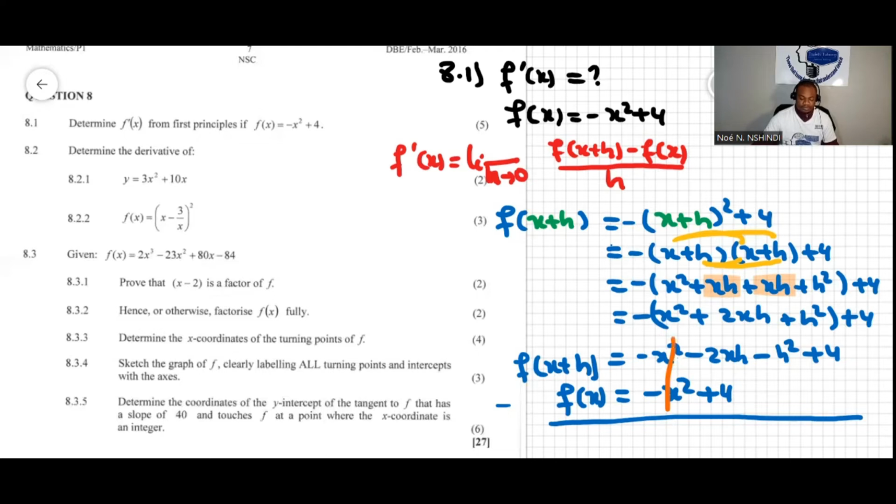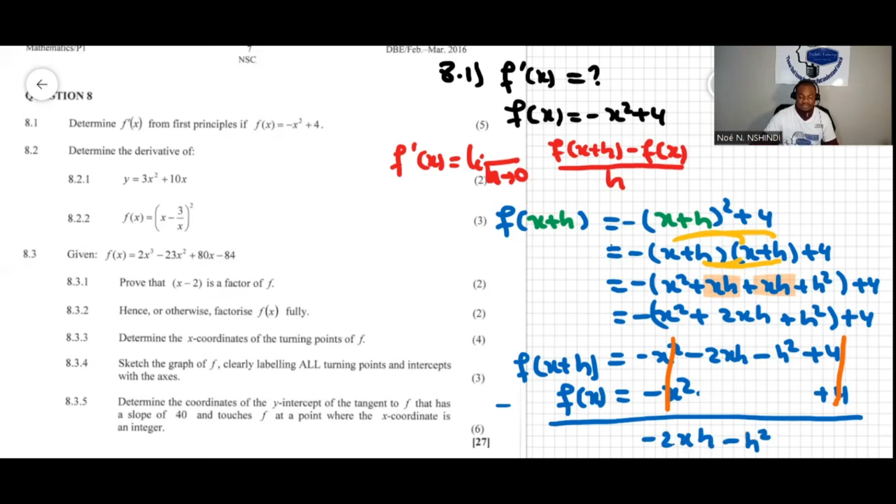And then what else do we have? 4. I can just write this positive 4 over here. And similarly, positive 4 minus positive 4 also falls because they make 0. So then we are left with negative 2xh minus h squared.